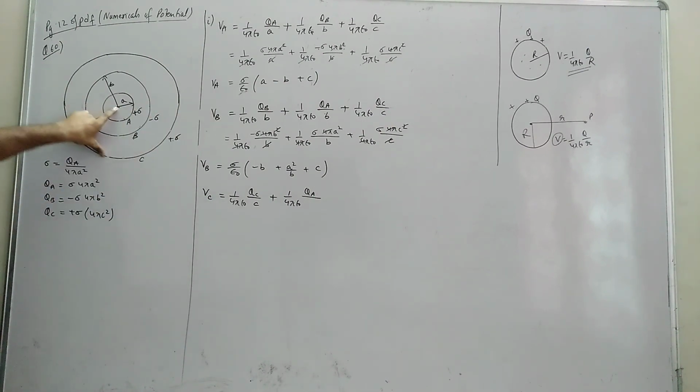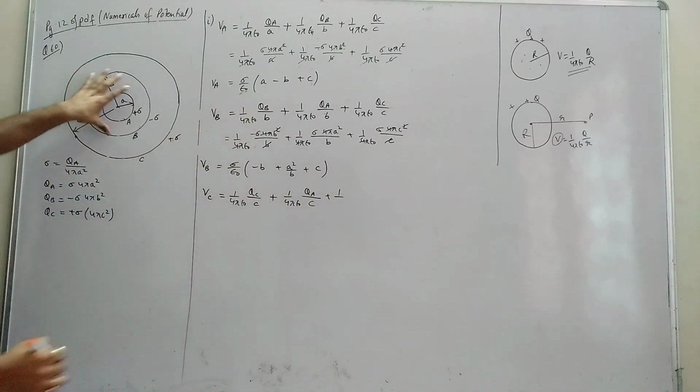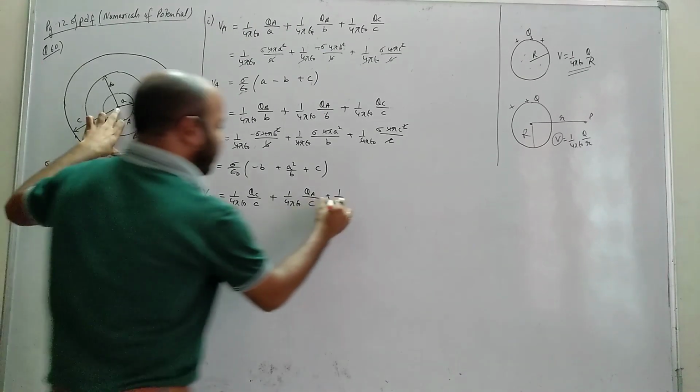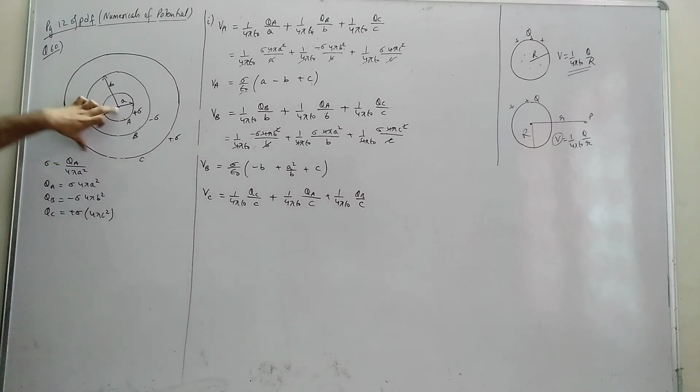So what is the distance here? C. Okay, plus due to B, QB, again for B also C is outside. That means the distance from the center of the B shell to here. So 1 by 4 pi epsilon QB by again C. This distance is again C only.